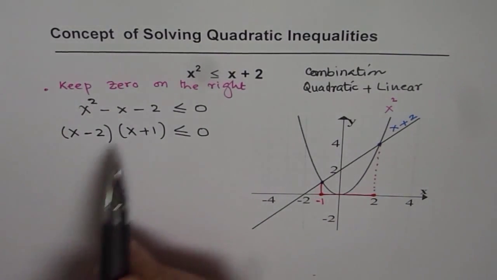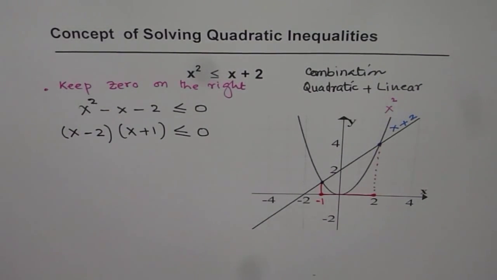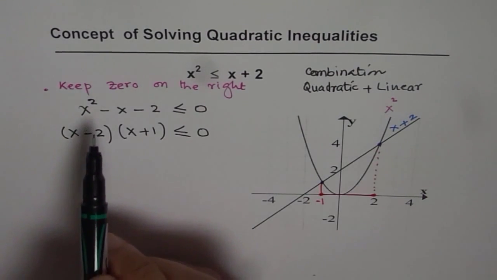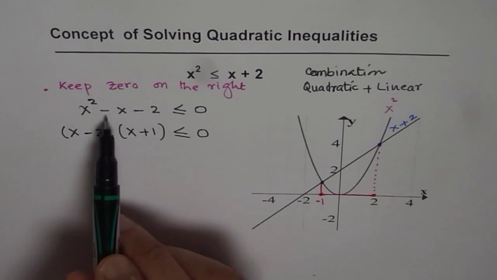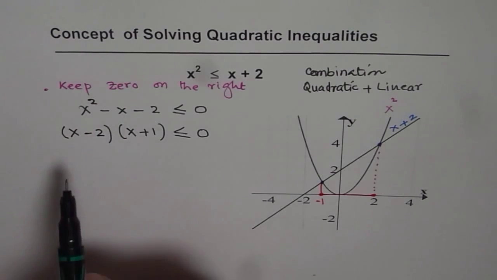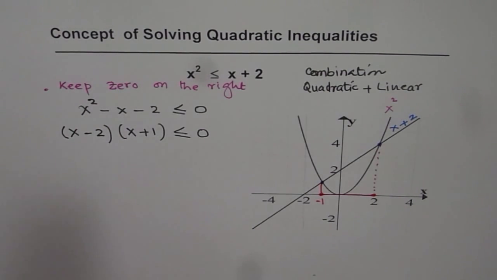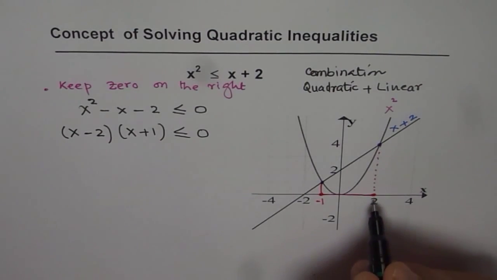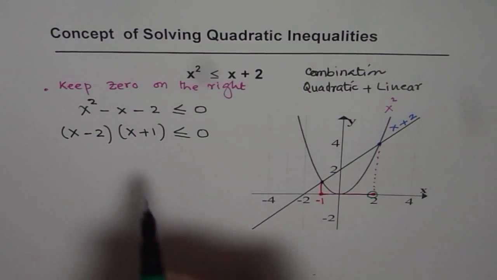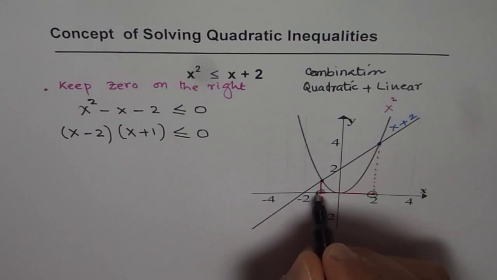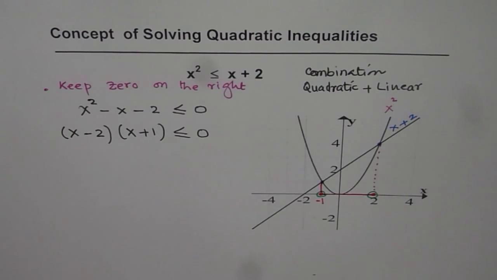That gives us two x-intercepts for the quadratic function x squared minus x minus 2. These two points are at x equals 2 and x equals -1. So we get the exact values.